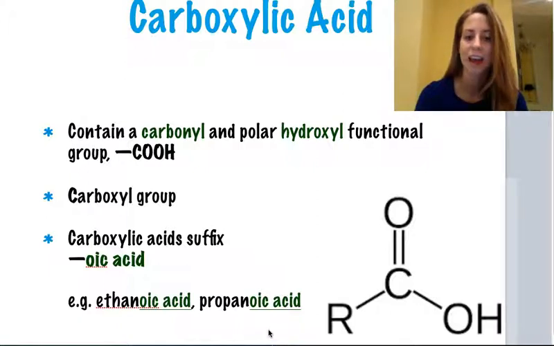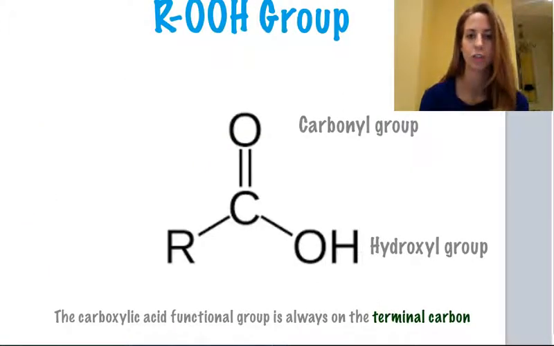Carboxylic acids have the suffix oic acid: ethanoic acid, propanoic acid. These are examples of carboxylic acids. Again, here's the structural component of a carboxylic acid. We have our carbonyl group, and on the same carbon we have a hydroxyl group. This whole thing is classified as your carboxyl group, also your carboxylic acid functional group.